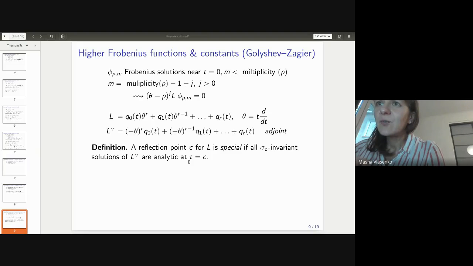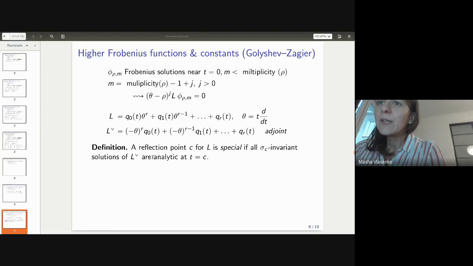I needed to tell you something on the next line, but I have to say that since L adjoint represents the dual connection, their monodromy representations, this will be the dual representation here, and therefore C is also the reflection point for the adjoint differential operator, always.